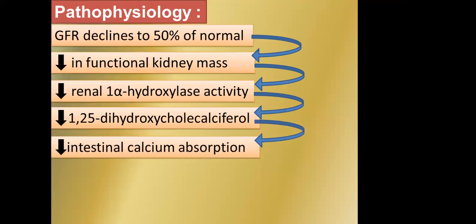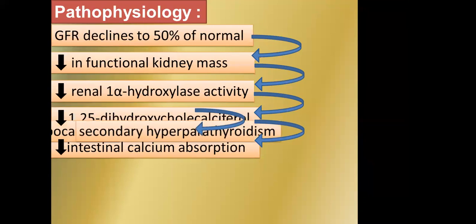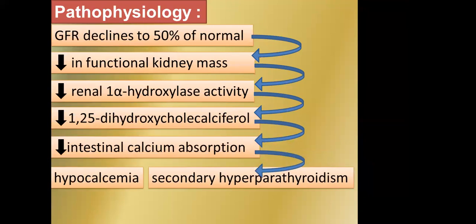This reduction in active vitamin D, 1,25-dihydroxycholecalciferol, results in decreased intestinal calcium absorption. So the calcium will not be absorbed from the intestine. This is what leads to hypocalcemia. And the hypocalcemia leads to secondary hyperparathyroidism, with increased parathyroid hormone in order to activate bone resorption and the release of calcium from the bone to the circulation to replace the calcium deficiency.